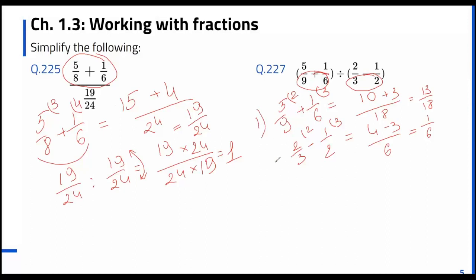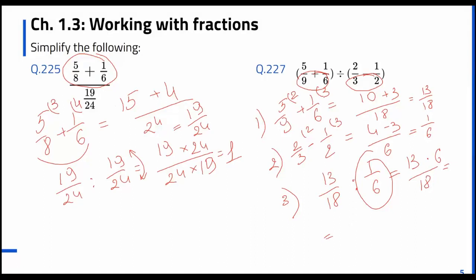It is the second step. The third step is 13/18 divided by 1/6. So we turn this fraction upside down and we get 13 multiplied by 6 and divided by 18. Simplifying here 1, here 3. So we get 13/3.